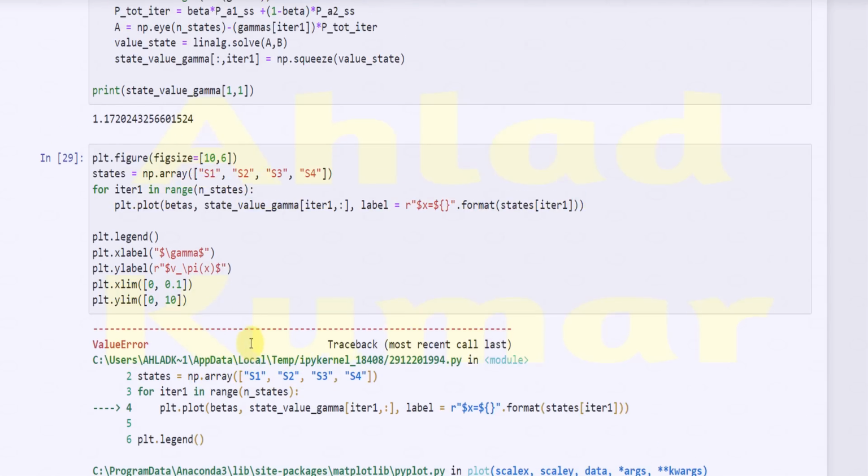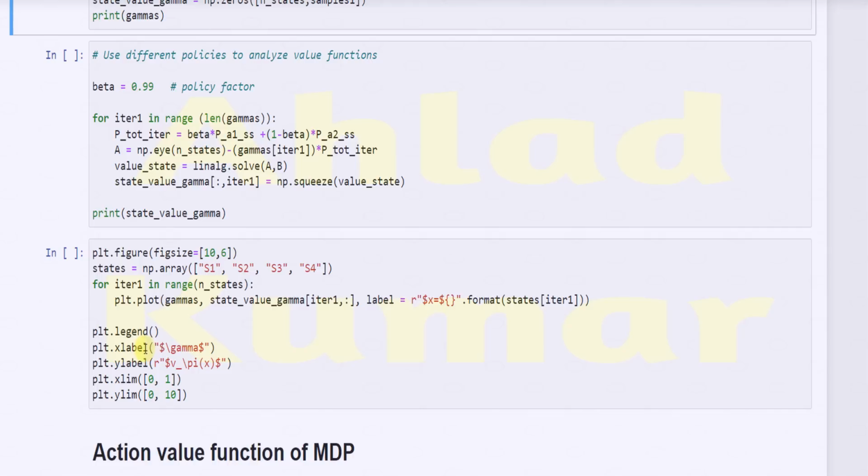It's giving me an error. Let me see what that error is. Actually I was having betas here, so I removed that and kept gammas, because I was iterating with respect to beta earlier, and in this case we are iterating with respect to gamma, so I changed it. In case you are coding yourself, please change this to gammas.